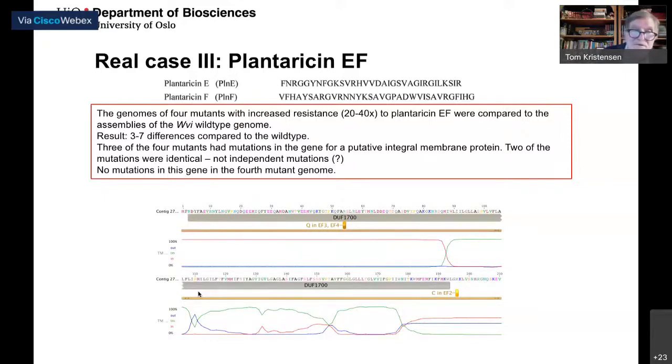But for this bacteriocin, we got mutants that were somewhat resistant, 20 to 40 times resistant, which means that we would have to use 20 to 40 times more bacteriocin in order to kill the cells, but not really the complete resistance that we had obtained for the other bacteriocins.